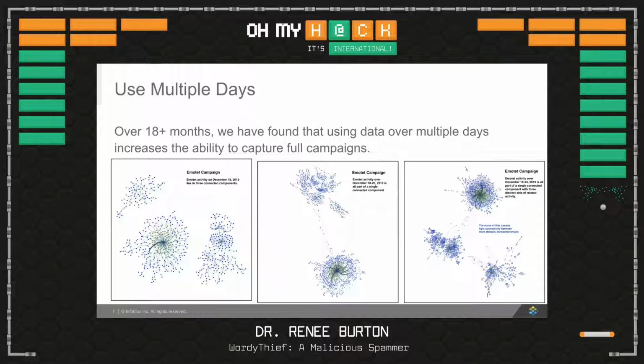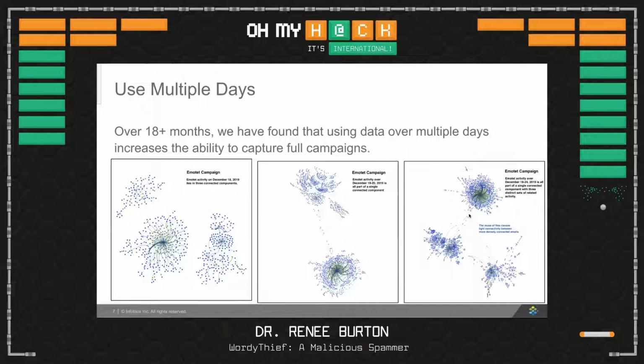Now, if I add in a couple of days and I do December 18th through the 20th, everything starts to come together, and it's actually a single connected component looking like a big piece with another tail off.